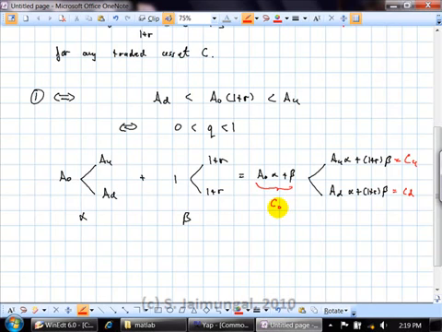Otherwise, there is an arbitrage. And in your little quiz session, you did exactly this exercise. You worked this out for a couple of numbers, and you constructed an explicit arbitrage when C0 was not equal to the value of the replicating portfolio.